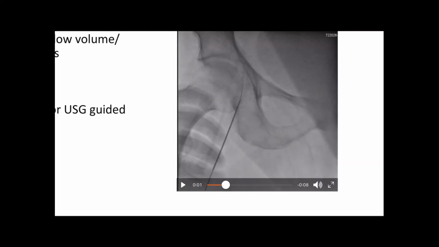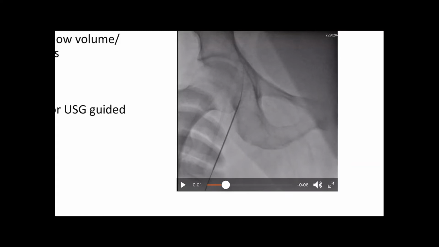One may say that taking the artery first may be a good option, but I prefer to take a vein as the first access, and I recommend that to most of my fellows and junior colleagues. The reason is that when you are taking an arterial access and you use the Seldinger technique, you have punctured the artery and put in a wire, you just can't leave that vessel with the wire in.